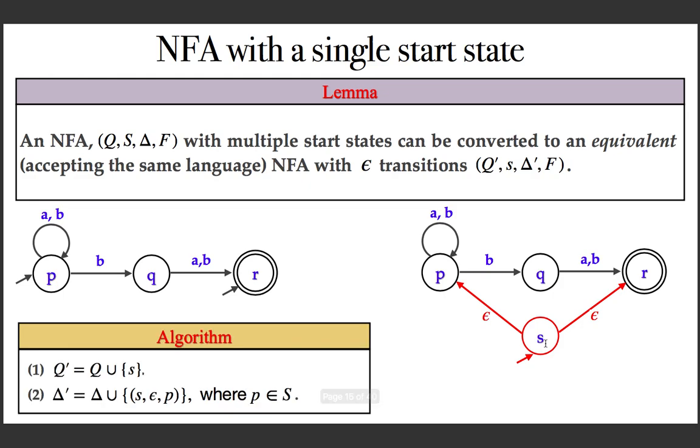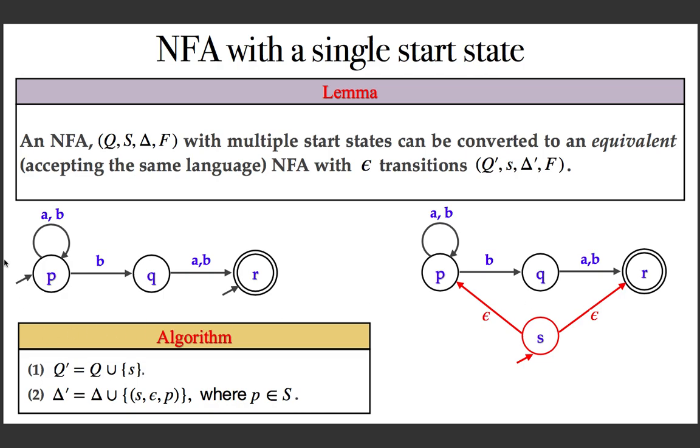Formally, we construct this new NFA with the new state set as the previous state set union this new state. And only the new state is set as the start state. And the new set of transitions is the set of all existing transitions, that is delta, union these newly added red transitions.